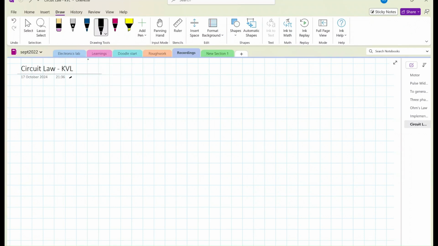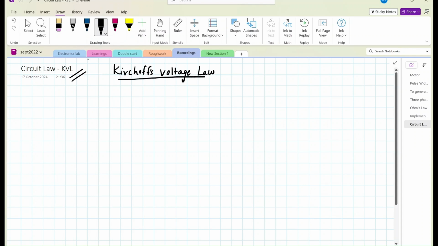So KVL, it's called Kirchoff's voltage law. It's a scientist's name, so it's named after scientist Kirchoff. Similarly, we also have Kirchoff's current law, but Kirchoff's voltage law நம்ம focus பண்ணோம்னா it's something that is inevitable. It's very commonly used, and we cannot even think of using a circuit without Kirchoff's voltage law particularly.